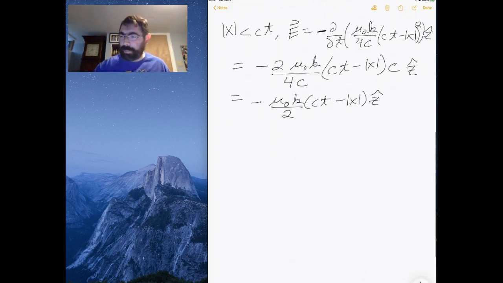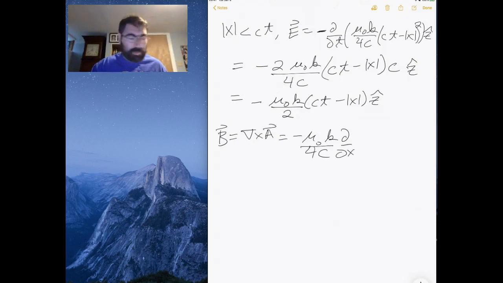Now what about B? B is the curl of A, and in that range of x less than ct, we take the curl, and what we get is minus mu 0 k over 4c, the x derivative of ct minus the absolute value of x squared, in the y direction.